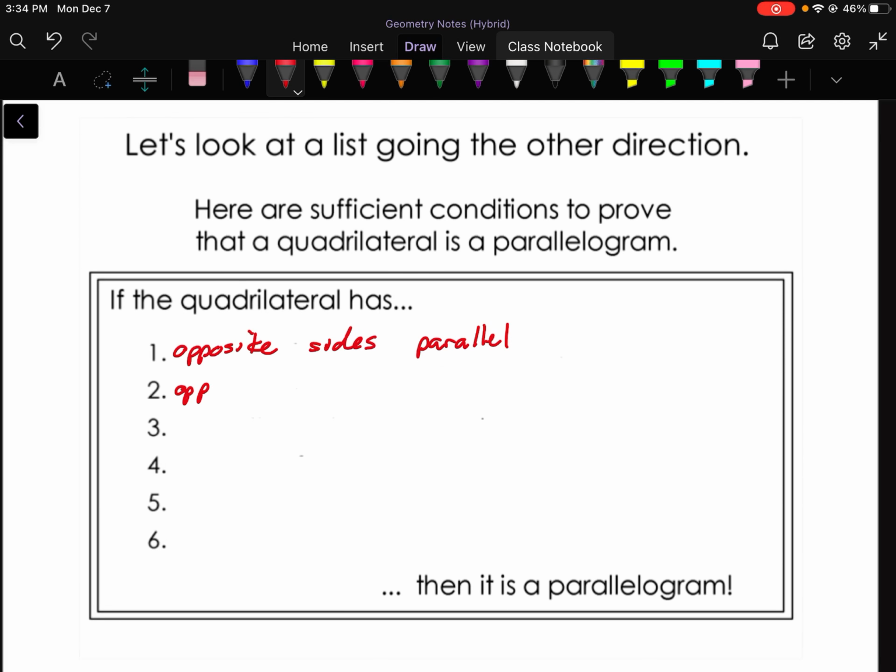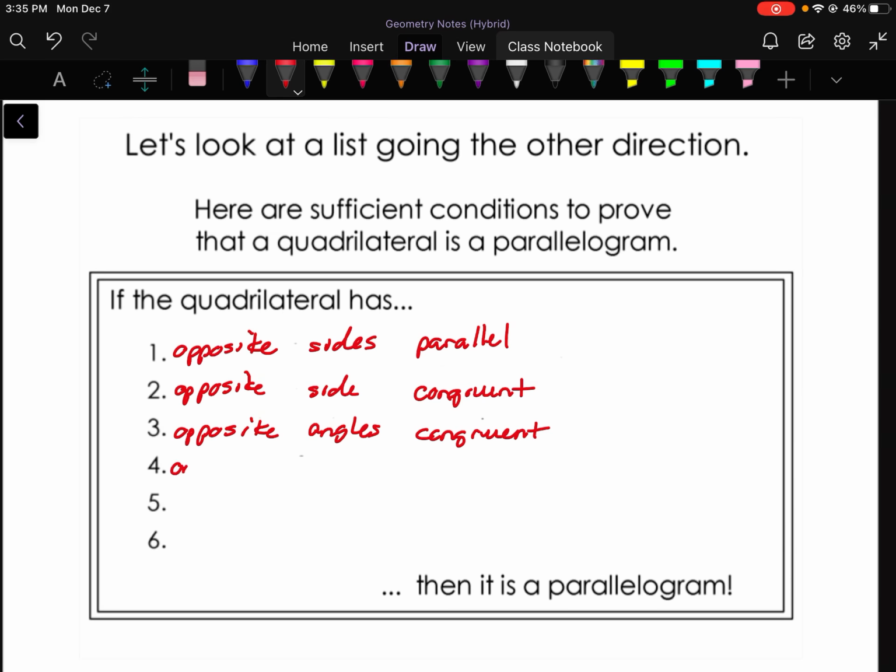If we have opposite sides congruent, then we have a parallelogram. If we have opposite angles congruent, then we have a parallelogram.